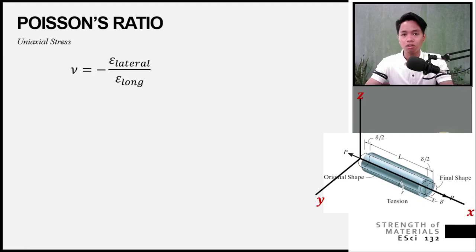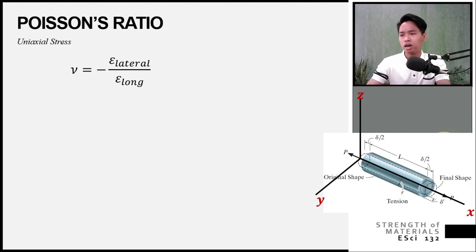You will know if it shortened or lengthened. If you also solve for the strains, you can solve for the change in volume, whether it decreased or increased. So that is also the importance of solving for the strains.